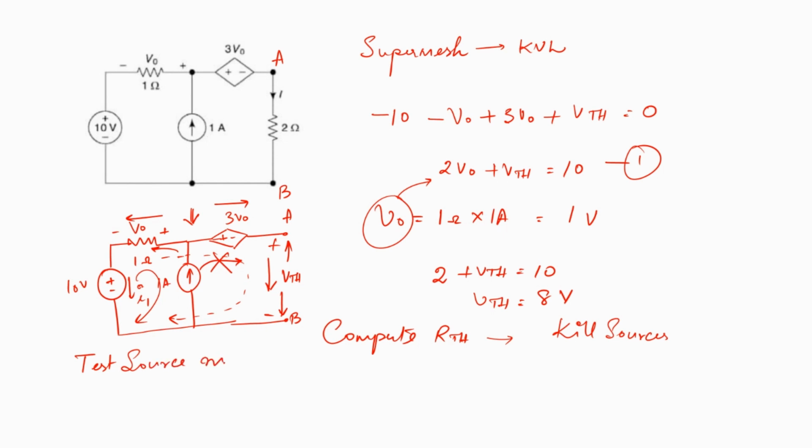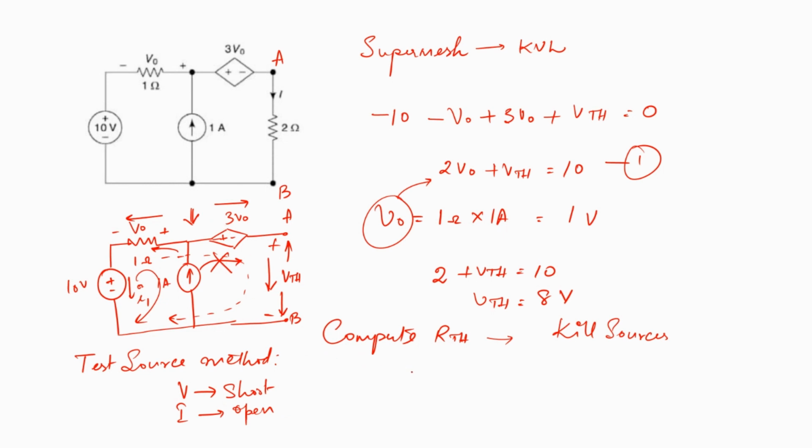What is this test source method? Here all the independent sources are going to be killed, where the independent voltage source is going to be short circuited and the independent current source will be open circuited. But the dependent source is going to remain in the circuit.